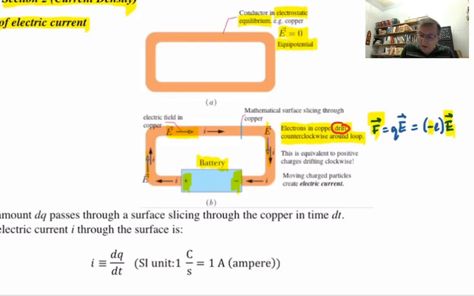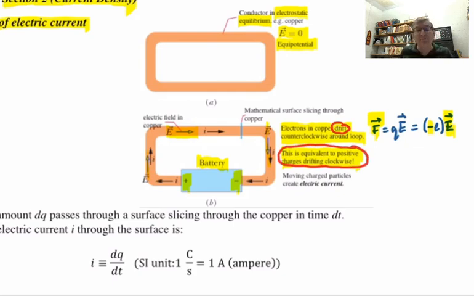Okay? So we're going to say that this drift of these electrons is equivalent to positive charges drifting clockwise. Okay? And that's very important, because that's the way we're going to think about it. Because we just don't want to have to deal with the negative charges that the electrons have.